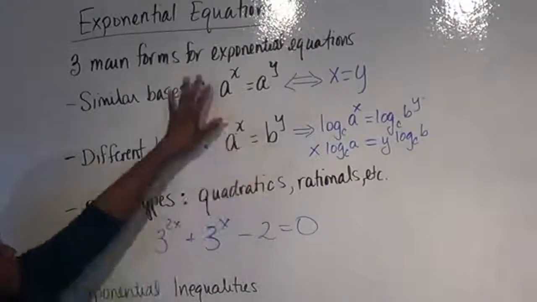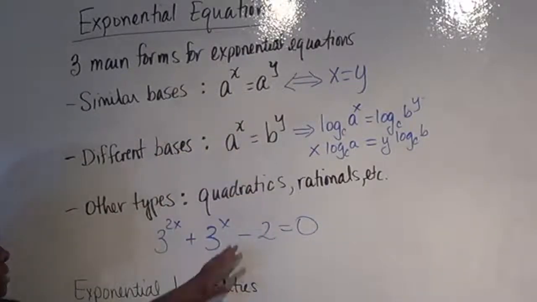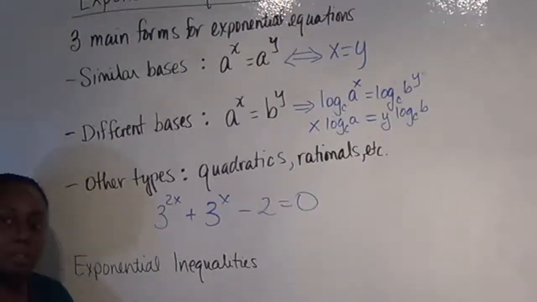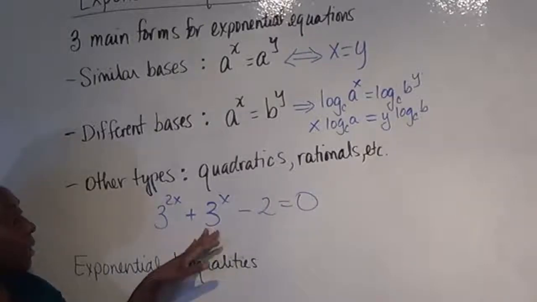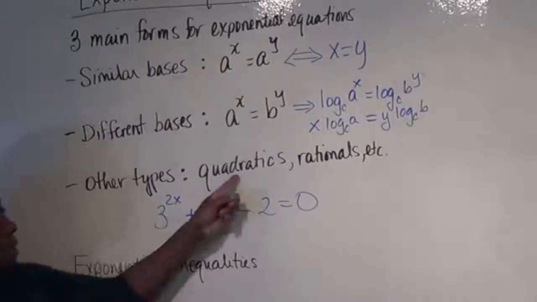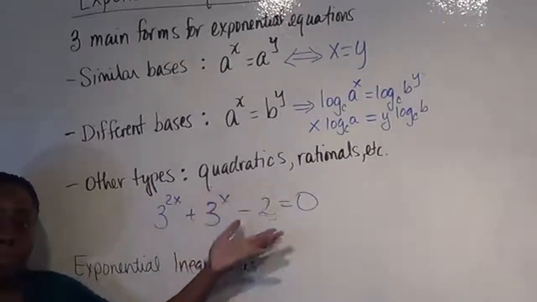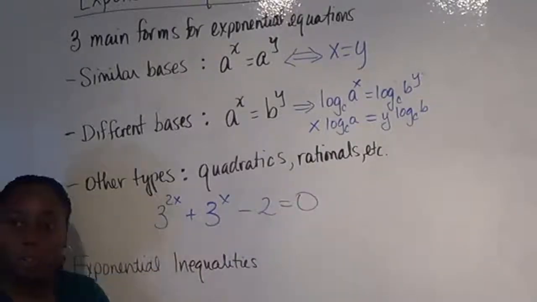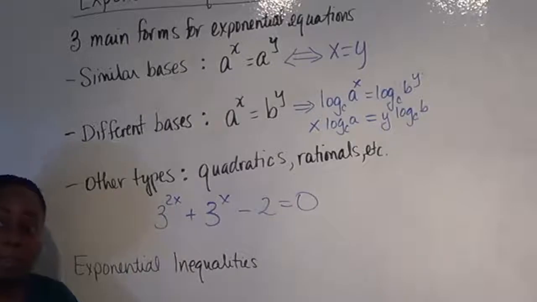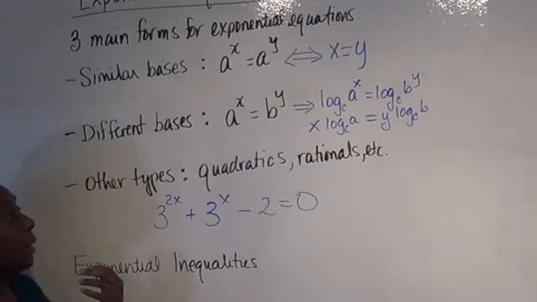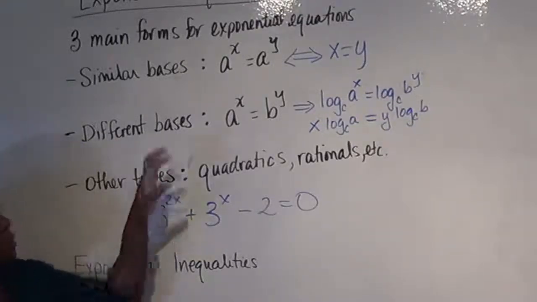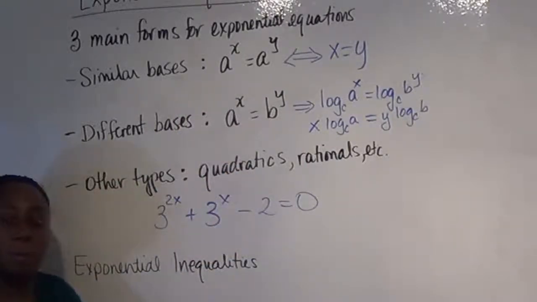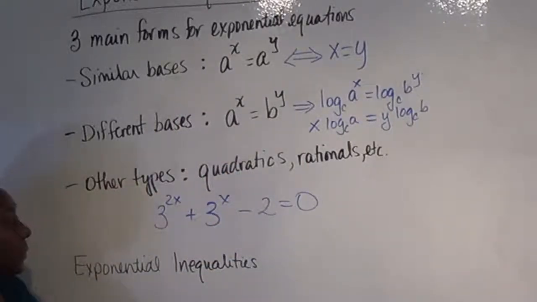It doesn't follow either of the other two types because I have pluses and minus signs, which gives me three terms instead of just the two. And so here we would use other methods like our quadratics, how we solved them, either factoring or quadratic formula, solving rational equations, so maybe I have a fraction that has my exponentials in it. But for these types, they don't quite follow these, and I would have to go back to methods we've talked about in prior sections. Okay.